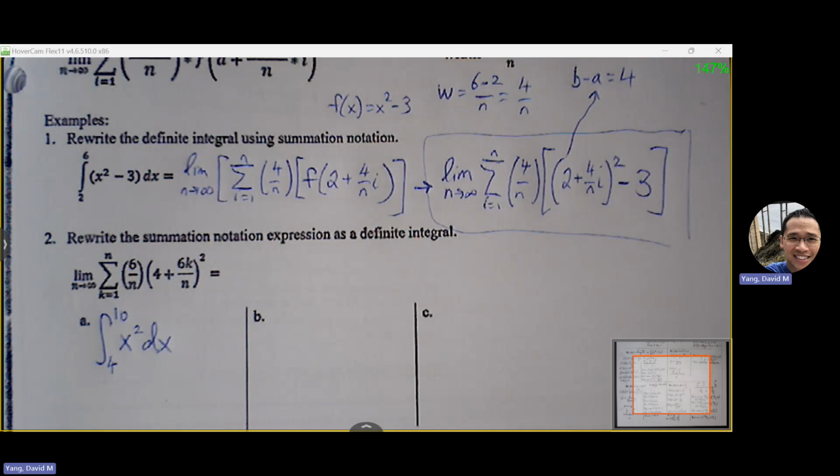But we're doing the limit at infinity, we only care about the highest power. Make sure you multiply all the coefficients associated with the highest power.